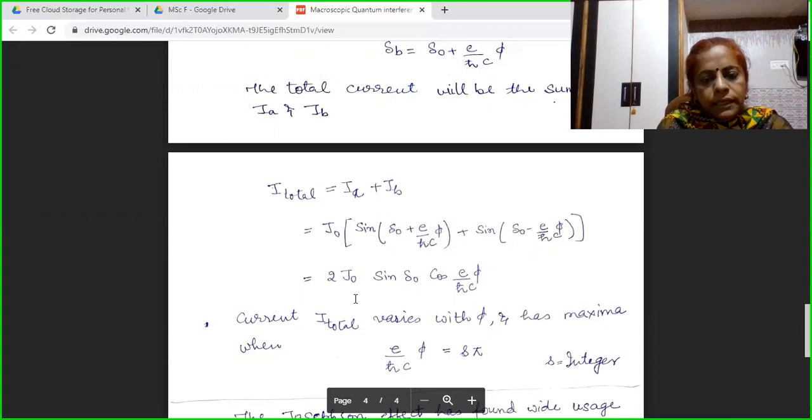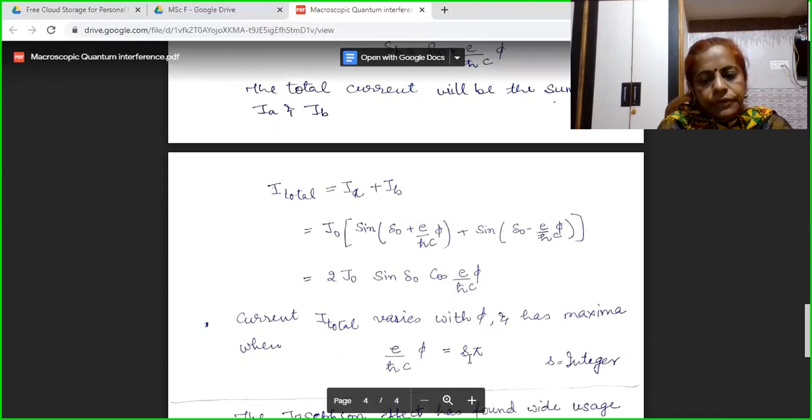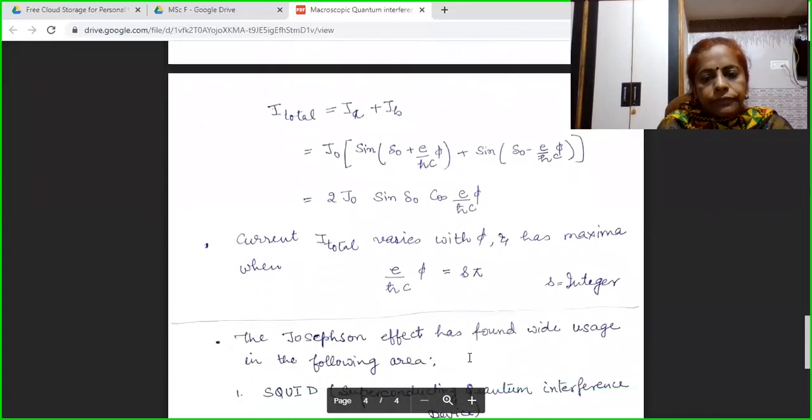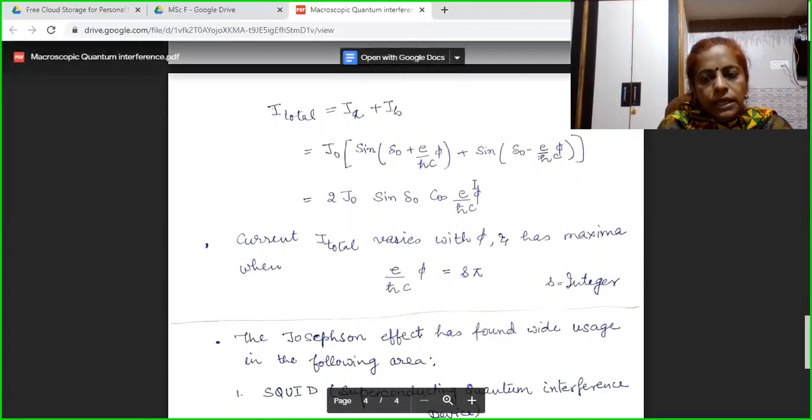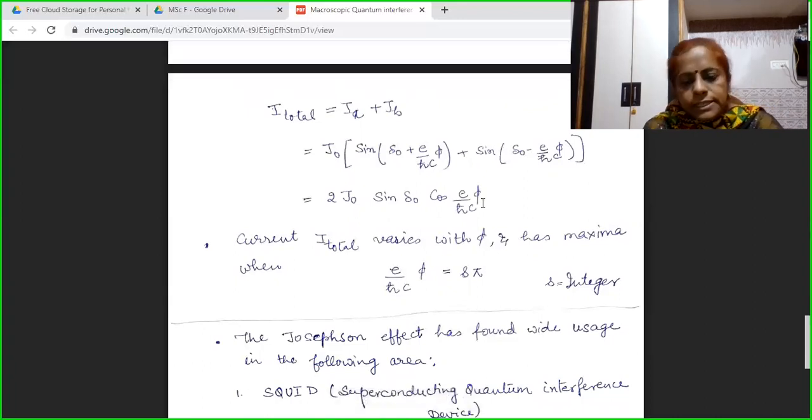That means this is a current which depends upon the phase difference, and the phase difference occurs through the flux phi. So this effect is known as macroscopic quantum interference effect.